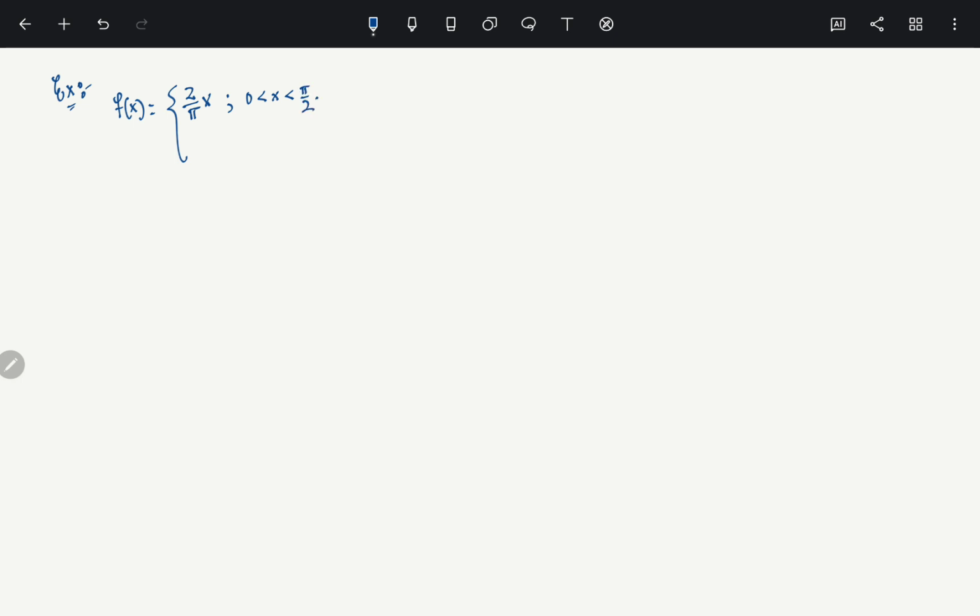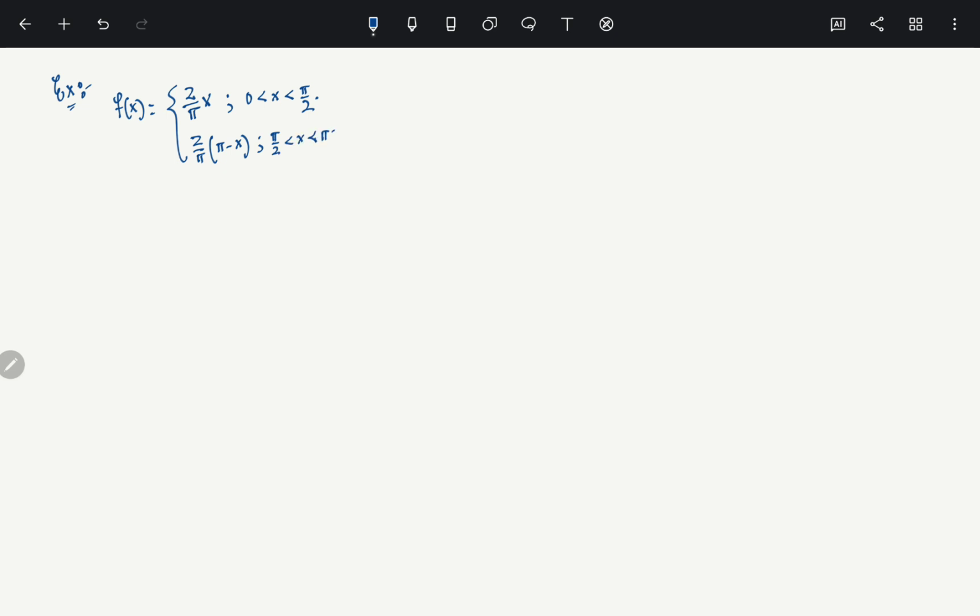I'm just defining a function, don't worry about it. It's nothing special happening here. And then 2 by pi times pi minus x, between pi by 2 and pi.